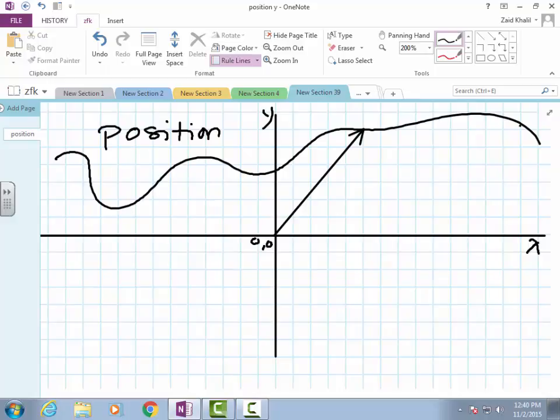What it means is that this is some earlier point in time, and that is some later point in time. So this is at t1, this is at t2, and so on and so forth. It just goes to show you the difficulty of moving towards more than one dimension.